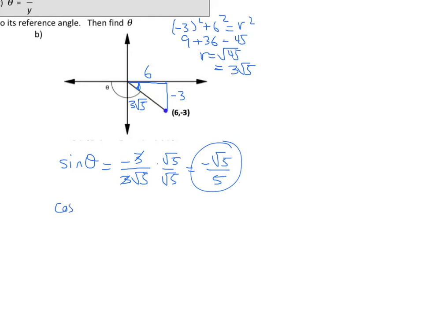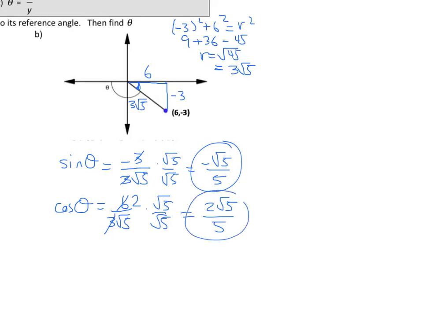For cosine theta, we do x over r, or adjacent over hypotenuse, 6/3√5. The 3 and the 6 will become a 2 over 1. And again, I need to multiply by radical 5 over radical 5. We get 2 radical 5 over 5. And then for tangent theta, I do y over x, or opposite over adjacent, which is negative 3 over 6. That reduces to negative 1/2.